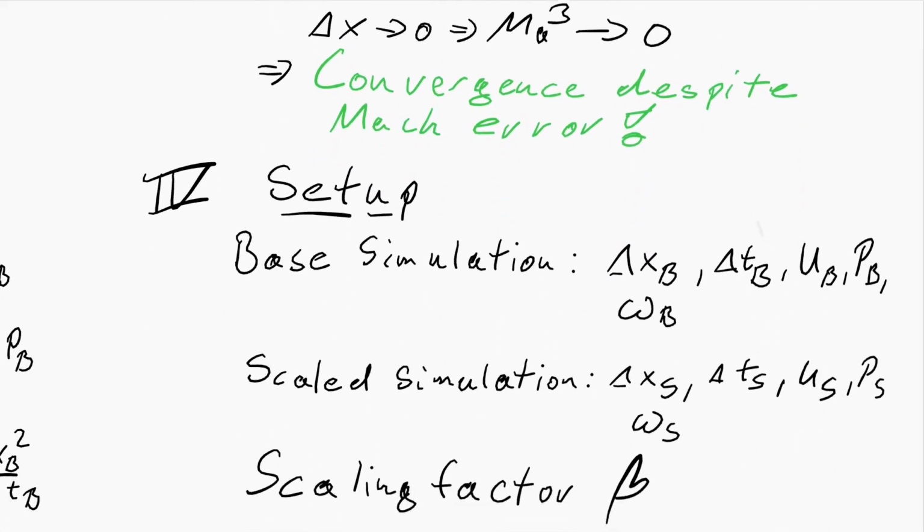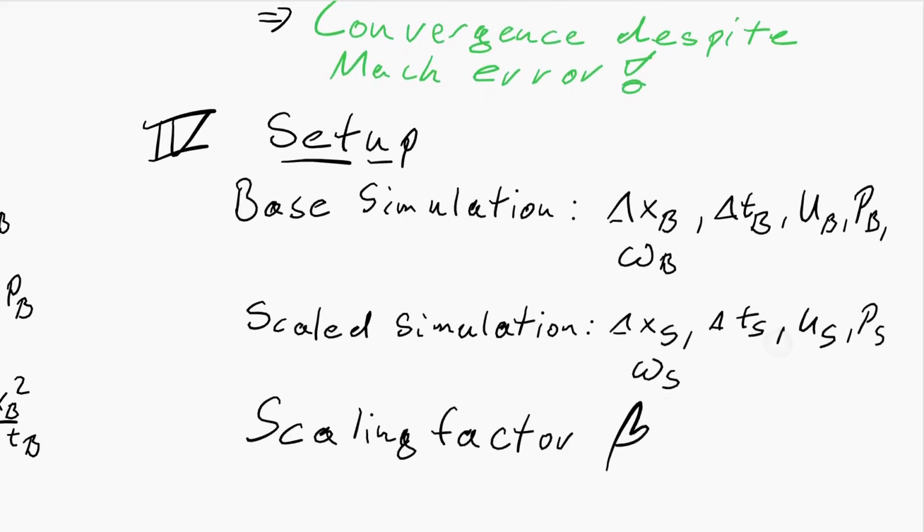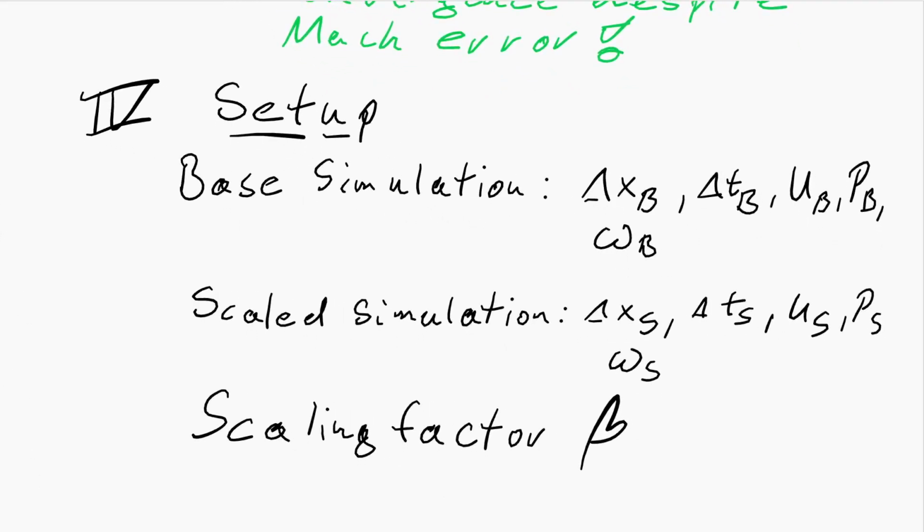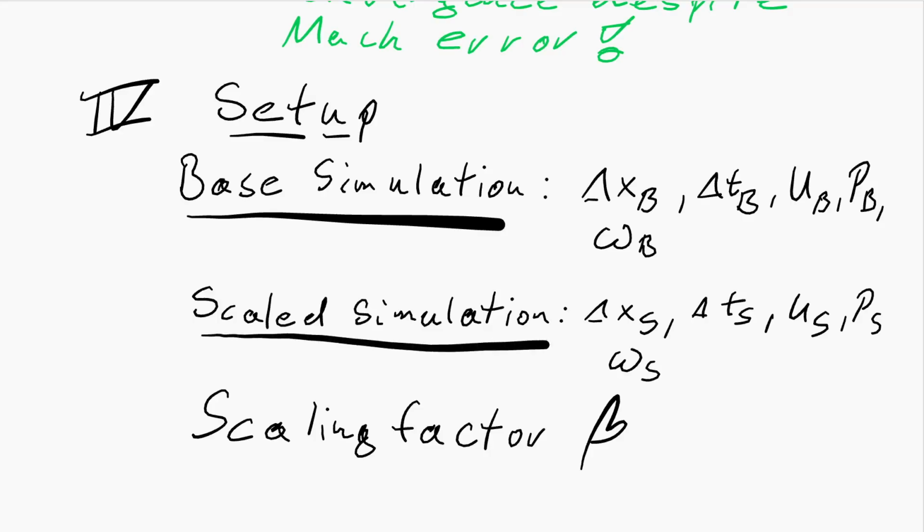Okay, so what do we have to take into consideration here? We have to have the setup for our simulation, where we start with a base simulation, the one simulation from which we start, and then we add a scaled simulation.